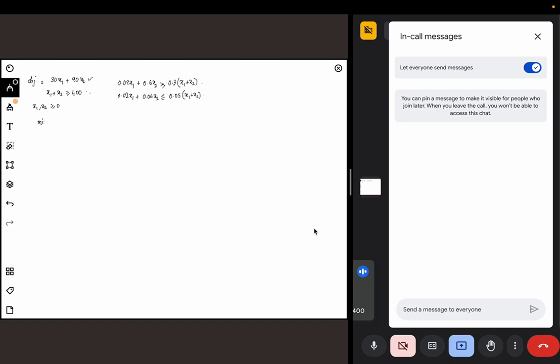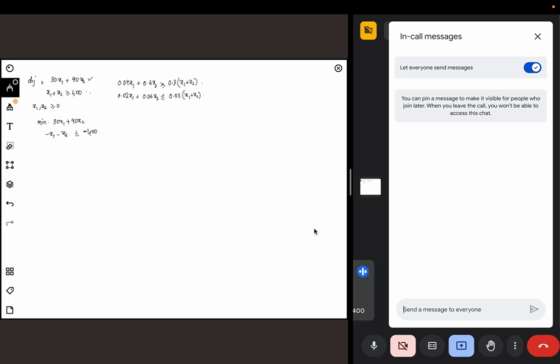You want to minimize the cost. So minimize 30x1 plus 90x2 subject to the constraint x1 plus x2. If I want to convert it to a less than or equal to sign, I'll write it as minus x1 minus x2 should be less than or equal to minus 400.